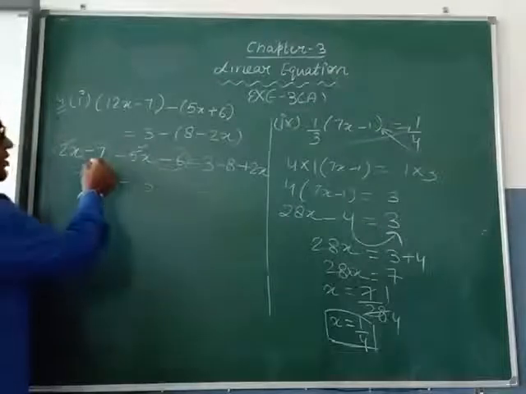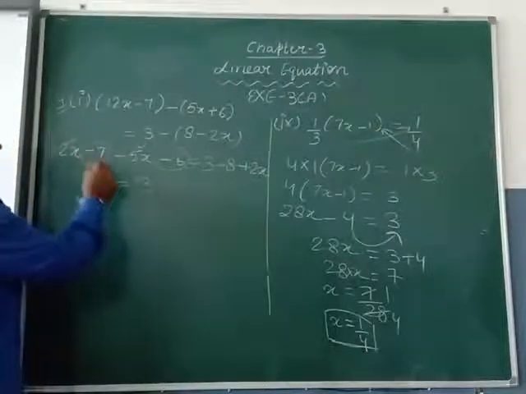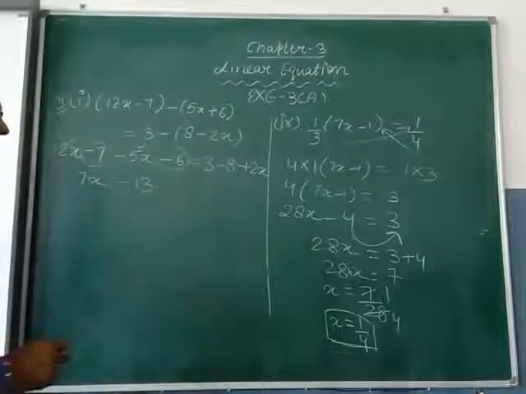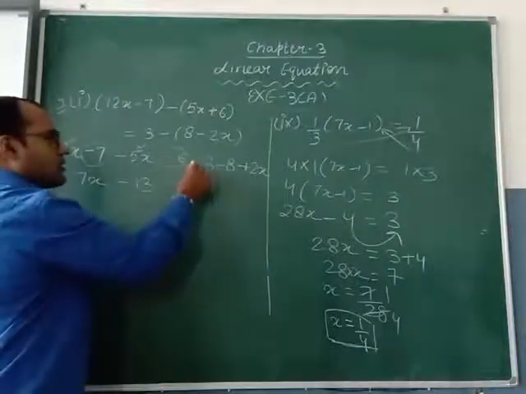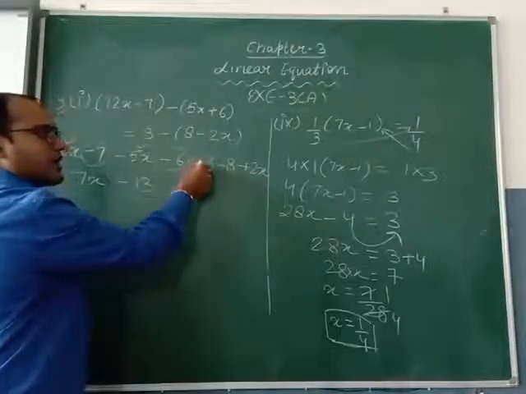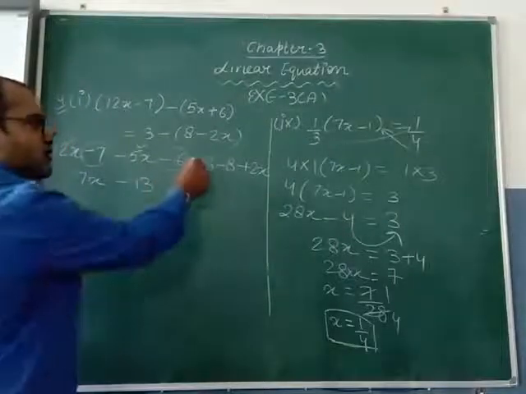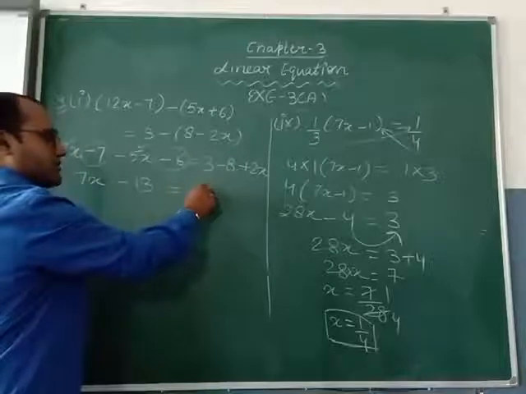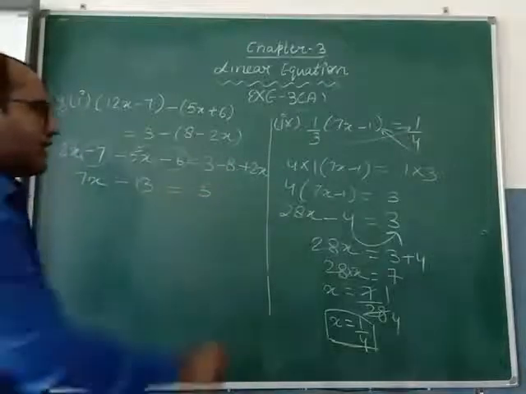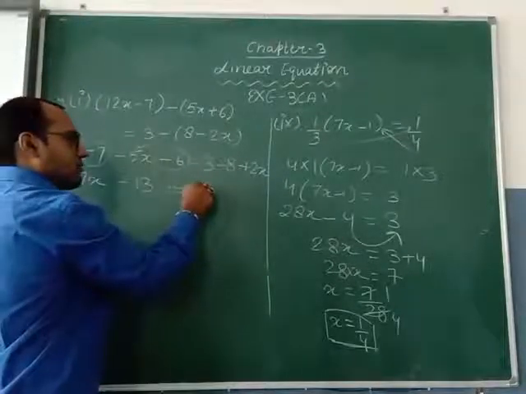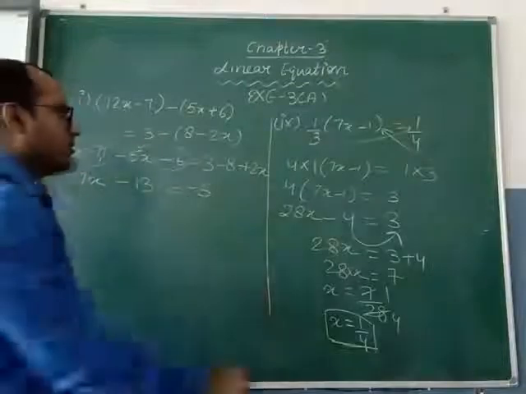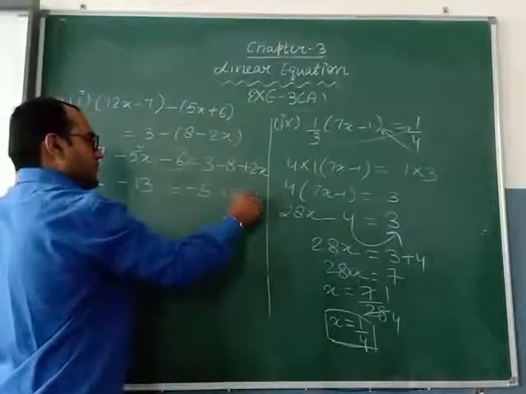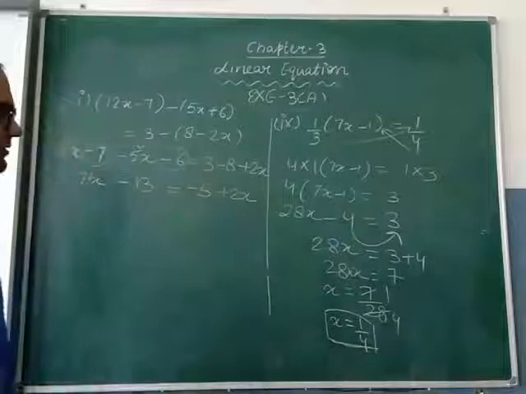Why minus? Because 7 is greater and 7 has a minus sign, so we will write minus. Equal 3 has a plus sign, no sign means plus. Plus and minus is minus, so we will subtract them, the answer is 5. The greater number is 8, 8 has minus, so we will also put minus. Plus 2x as it is we will write.